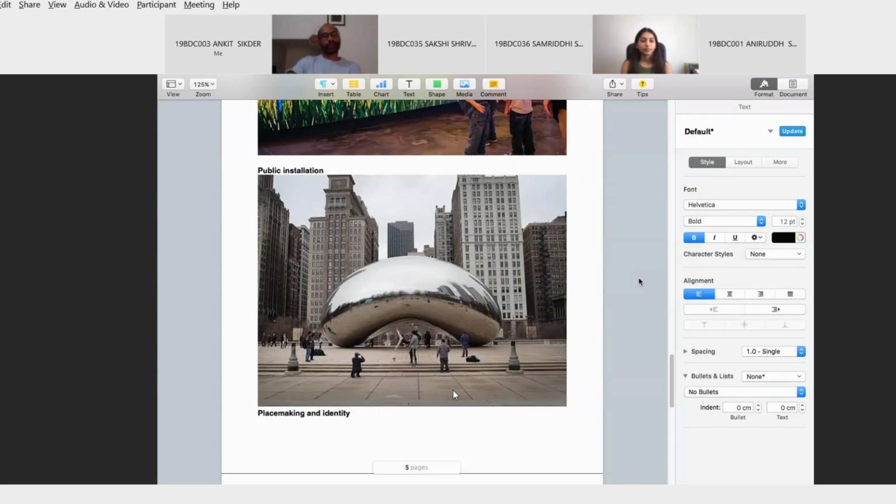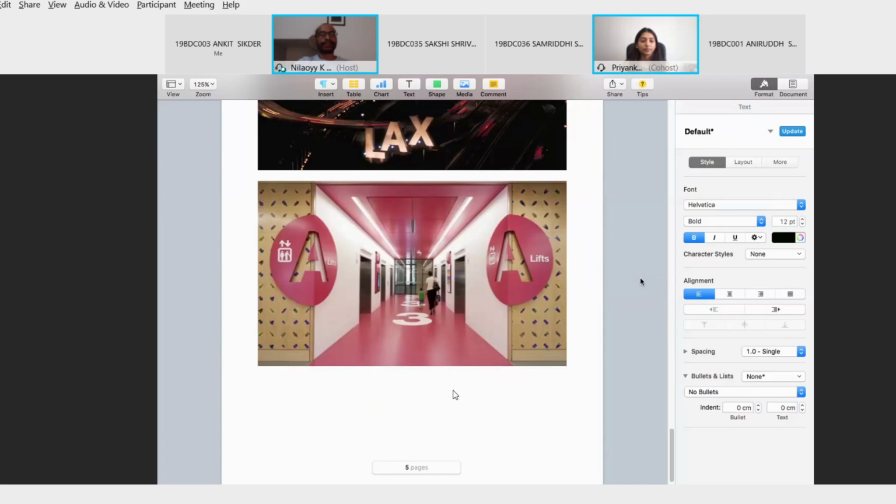And this is what you see mostly on space, environment specific, to create it. All right?